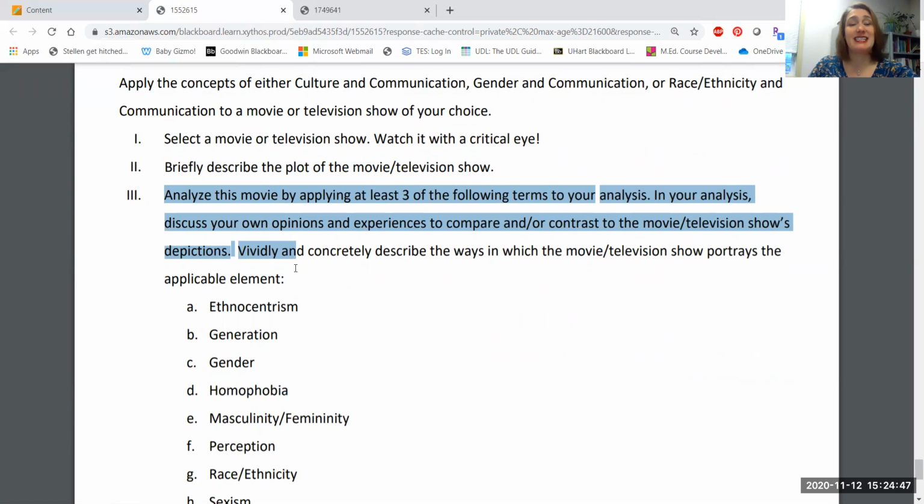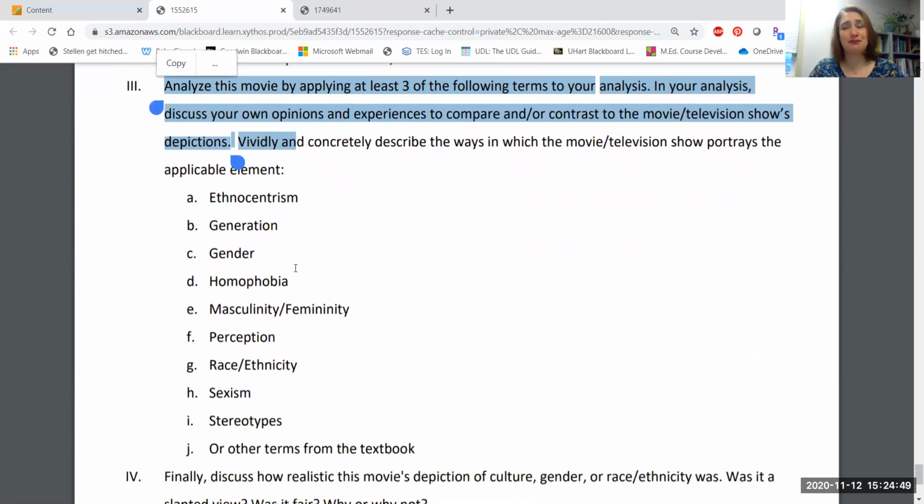I think this list here is a little bit narrow. So if you have something else that you think is really important and relevant to that TV show, feel free to bring it in. A good example might be The Handmaid's Tale, which is pretty popular right now.